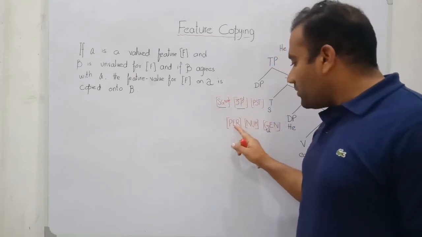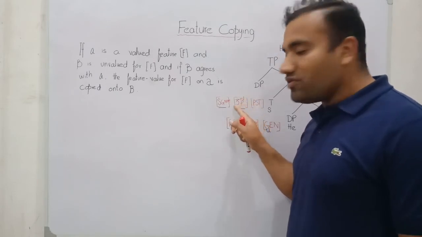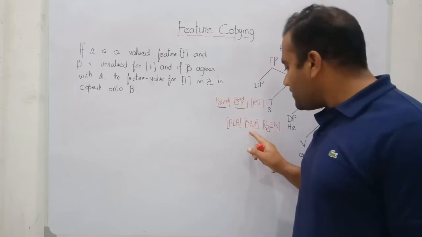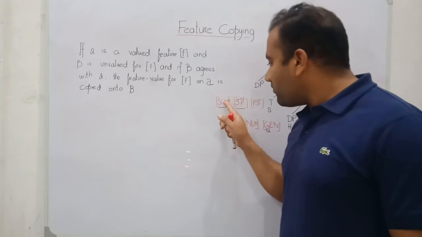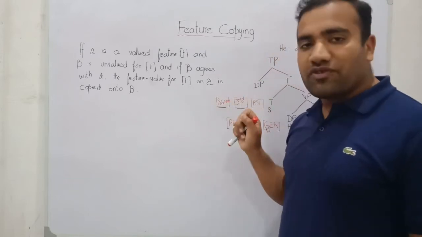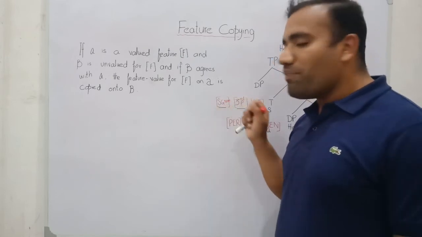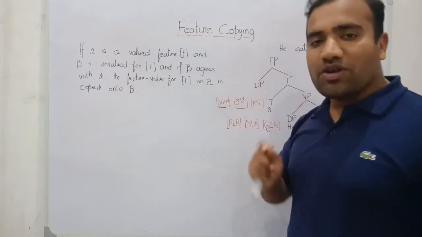Here the feature of person can be copied, and it becomes the third person. The number feature of the DP is copied onto the feature of T, and the feature of singular number can be copied. This is called feature copying.